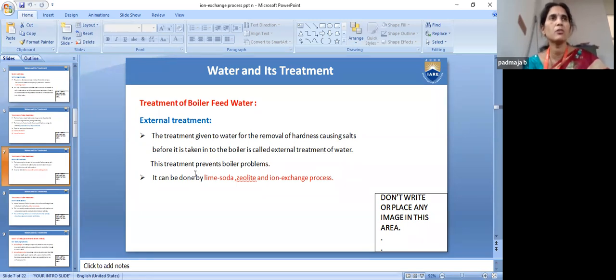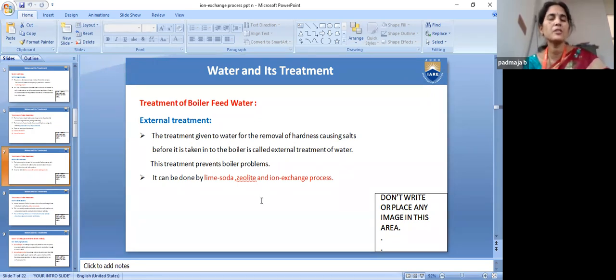We can avoid these problems by using soft water in the boiler. How do we get that soft water? By removing hard salts present in the water before using it in the boiler, and that treatment is called external treatment.